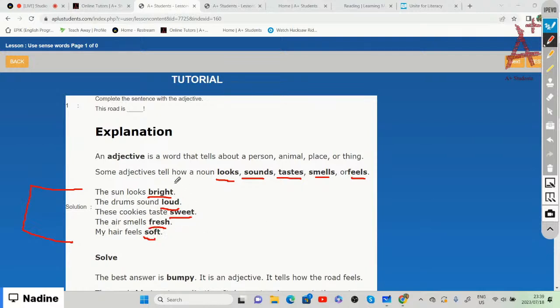So these are also ways or words or the sense words in which we can describe a noun, right? In which we can describe a person, an animal, a place, or a thing, right? We can describe it based on looks, based on sounds, based on taste, based on smells, or based on feels. All right.